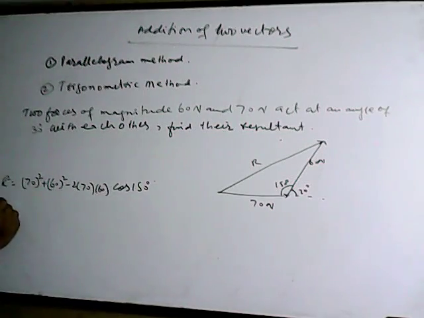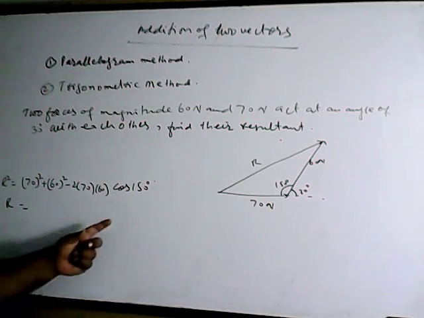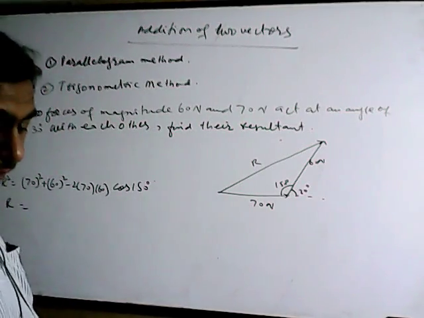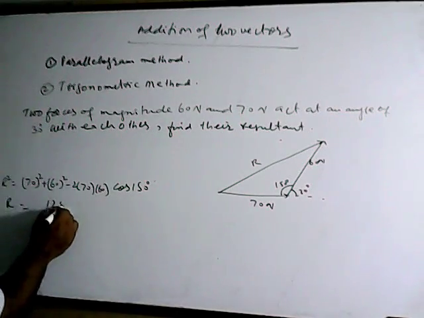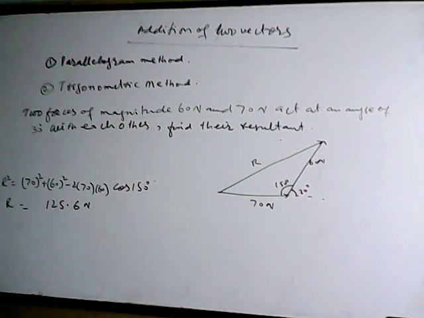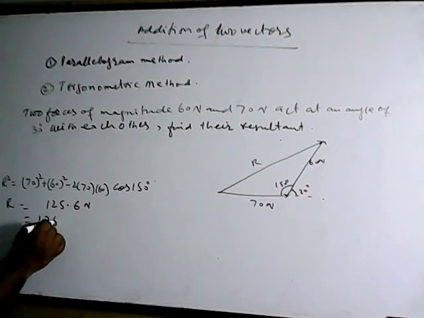So this is R square, and if you use all these values in your calculator, cos 150 will be negative, and you will get exactly 125.6 Newton. Since I have already calculated this, I am just writing the value 125.6 Newton. Although in drawing our value was 126 Newton, you can roughly say this is 126 Newton also.